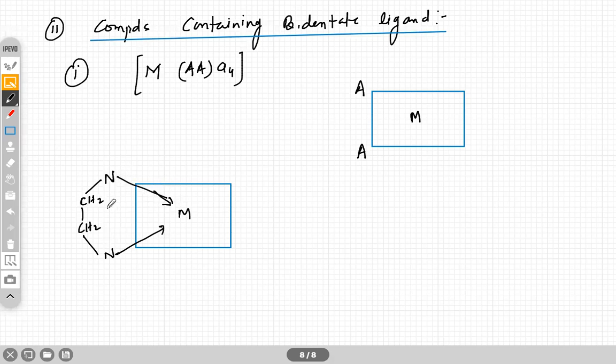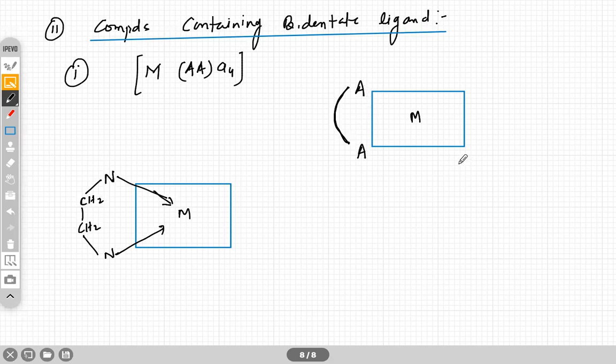So these two donor atoms are connected by this bond, right? This connection we represent like this. This means the A atoms are joined together by the ligand backbone. If you present this A at 180, the bond length is not enough, or even if it is enough, there will be more strain, and hence we do not place these two atoms at 180 degrees to each other.